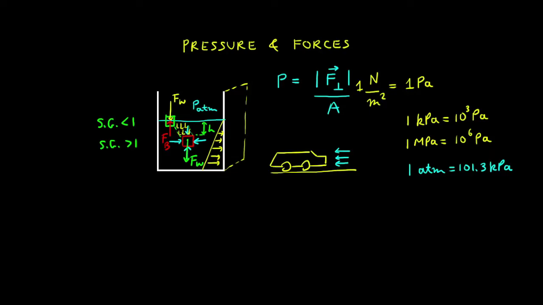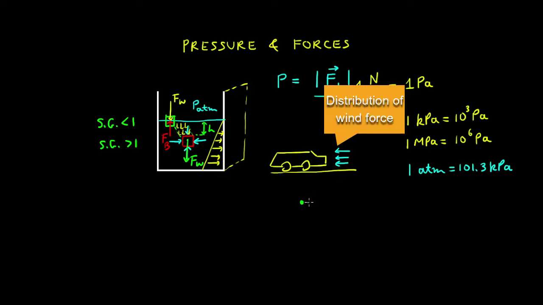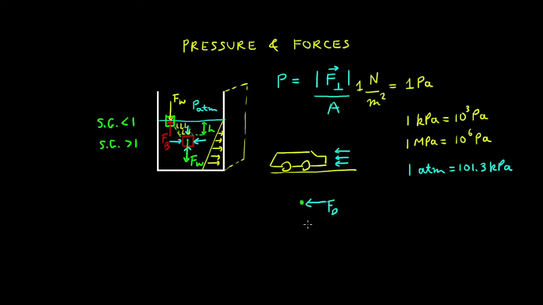And typically if we're not looking at the rotation of the car, we model it as a particle, and that distribution of wind pressure we model as a drag force, and we also have friction between the tyres and the road, so we also have a friction force opposing the motion of the car, and we also have a force of weight pushing the car downwards, and a normal force due to the contact of the tyres on the road, so keeping that car from sinking into the ground.